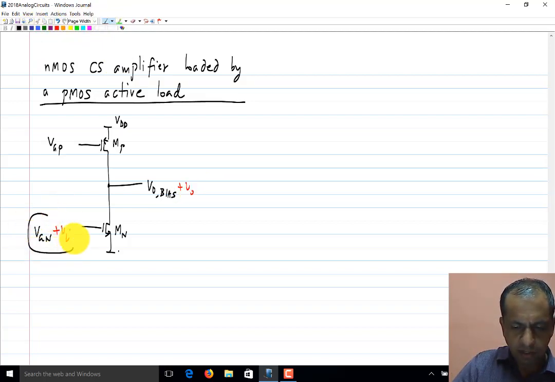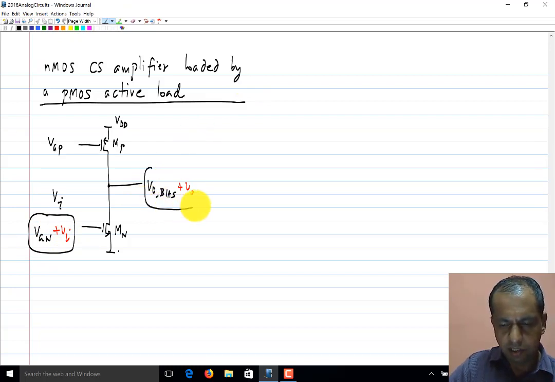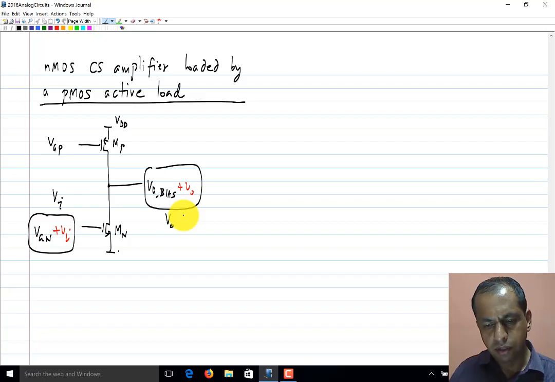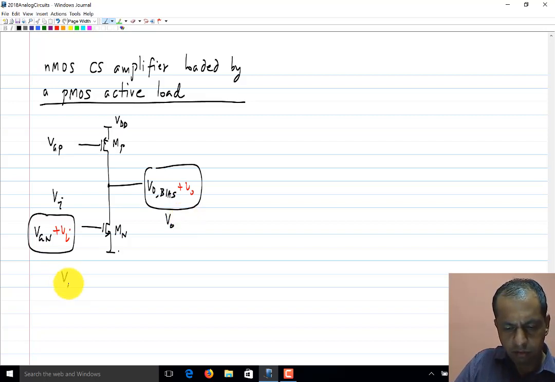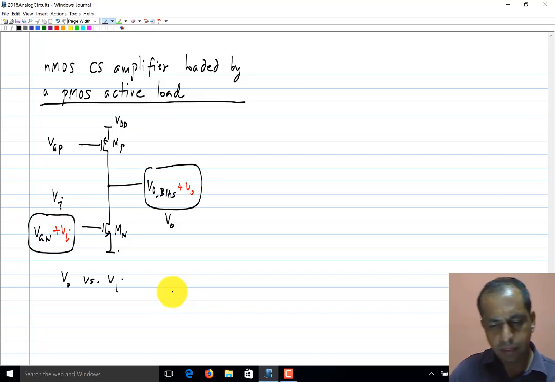We consider this entire input to be the large signal input Vi and this entire thing to be the large signal output VO and plot VO versus Vi. We do this by plotting the characteristics of the NMOS and PMOS transistors with these variables I and VO.